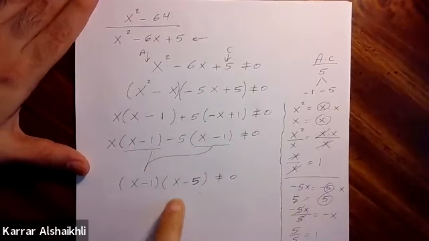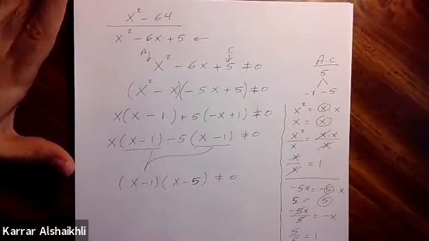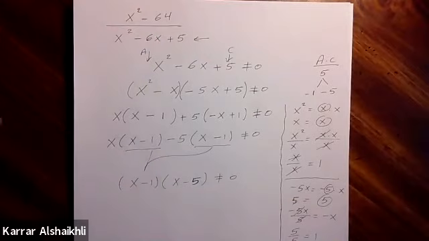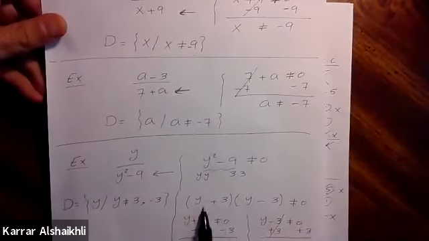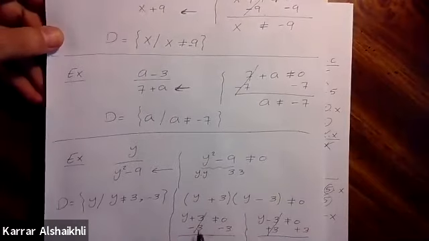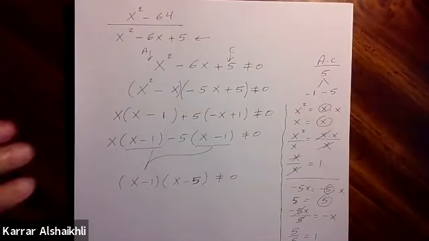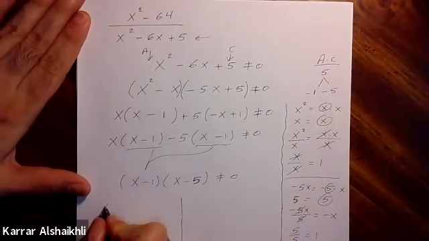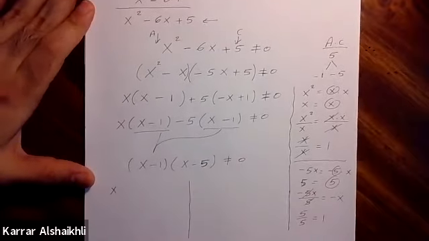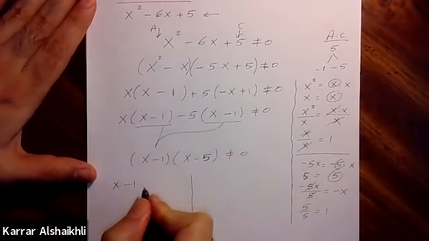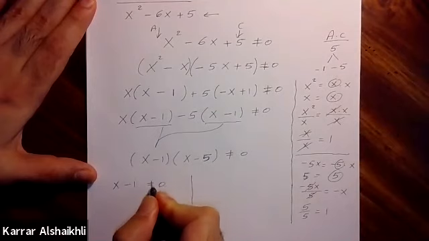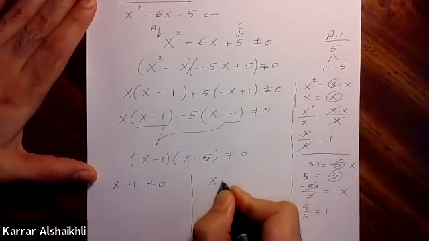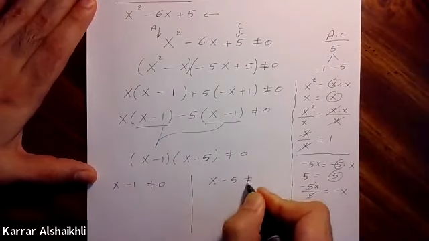Now we got exactly the same as the previous example. If you remember the previous example, we got 2 parentheses not equal to 0. I'm going to do exactly the same steps, and we will keep doing these steps. So I'm going to write down the first parentheses not equal to 0, and the second parentheses here not equal to 0.